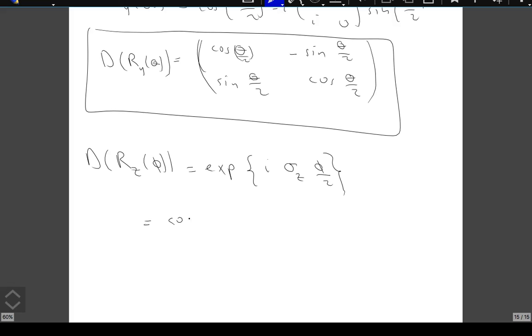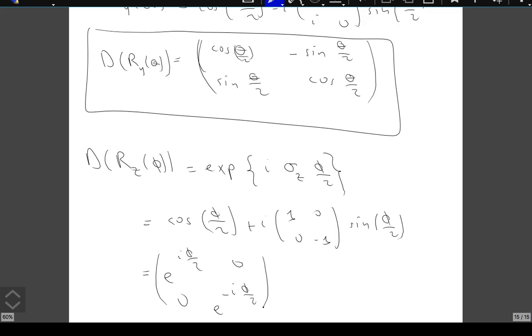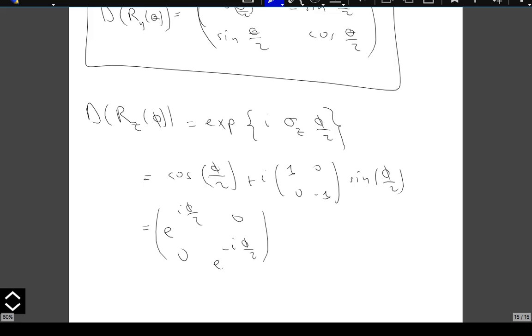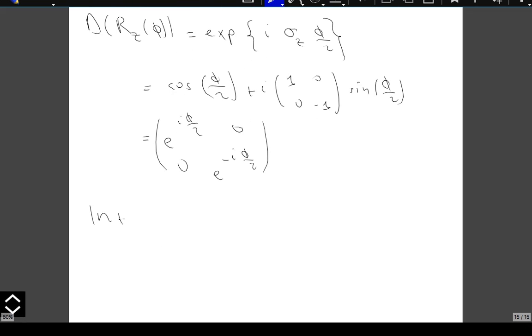This is cosine phi over 2 plus i sigma z, which is 1 minus 1 0 0, sine of phi over 2. This is equal to e to power i phi over 2, e to power minus i phi over 2, 0 0. So the corresponding matrix to this ket should be e to power i phi over 2, e to power minus i phi over 2, 0 0.